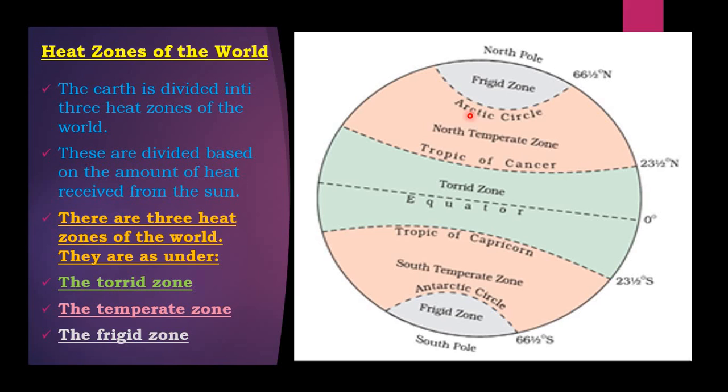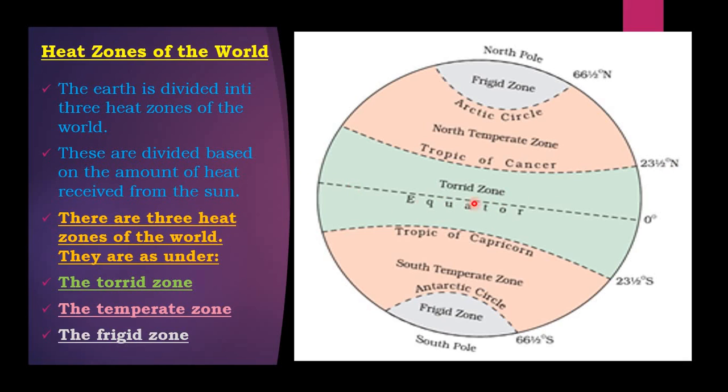Then you can see here the Arctic Circle, the North Temperate Zone, and the Tropic of Cancer, that is 23.5 North. Then the Torrid Zone.